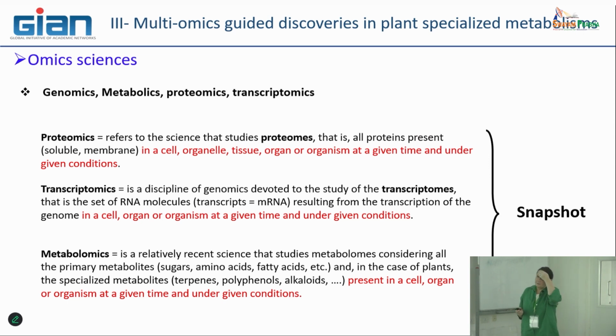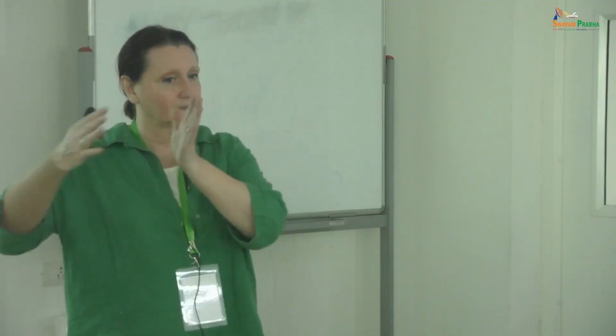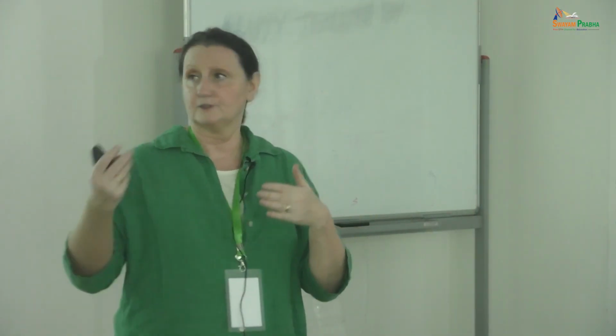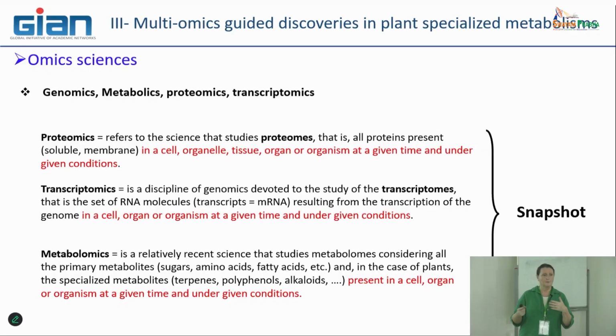So it means that before starting to make some proteome, transcriptome, or metabolome, you need to be exactly conscious of the situation of your plant. And this is interesting because in this way, we can put the plant in different types of conditions. And you can also compare how the proteomes, transcriptomes, or metabolomes can be conserved or can be different.